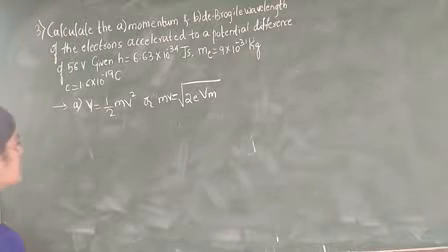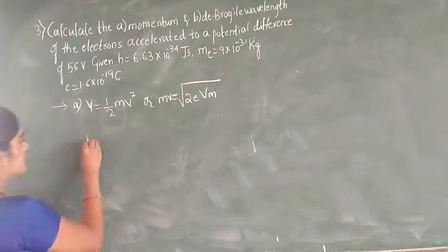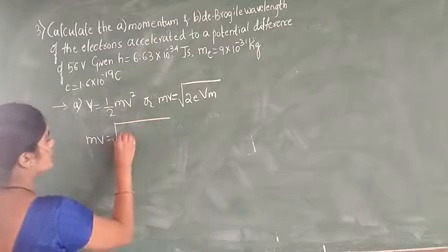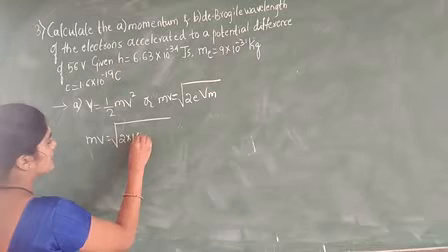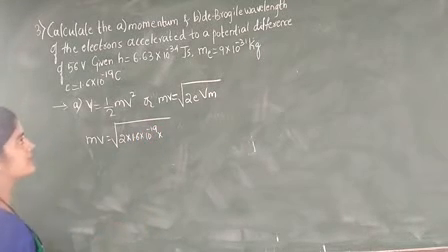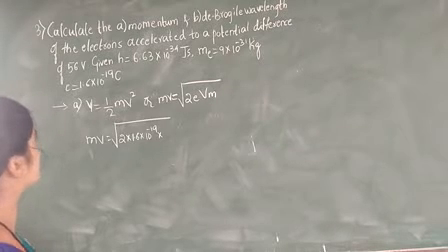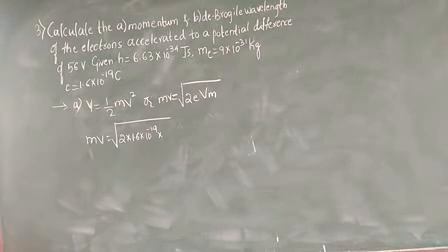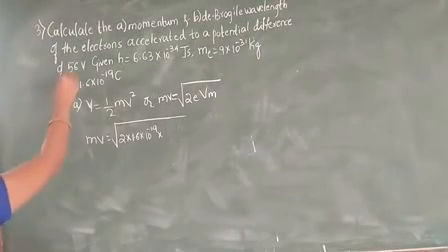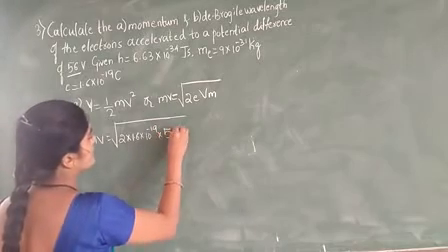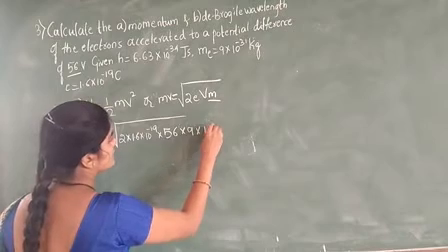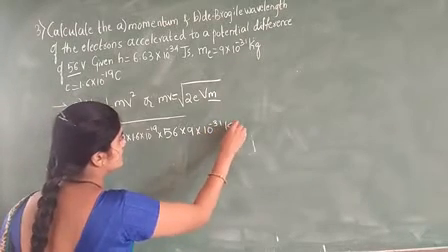Now from this we can calculate the value of mv. mv is equal to, putting all the values, root of 2 into e, 1.6 into 10 raised to minus 19, into V, 56 volt, into m, the mass of the electron, 9 into 10 raised to minus 31 kg.